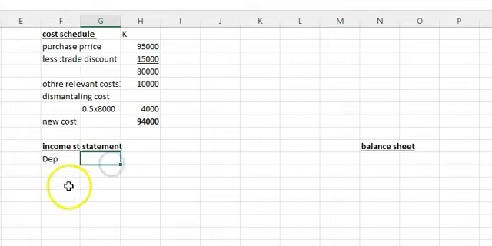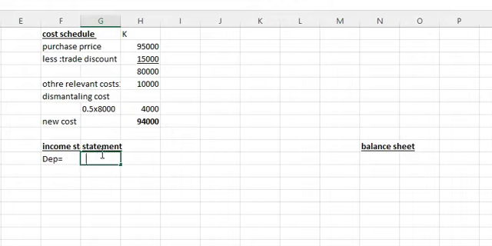Alright, then we have the income statement. So what goes into the income statement is number one, depreciation. So depreciation will go in the income statement. How do we calculate depreciation?